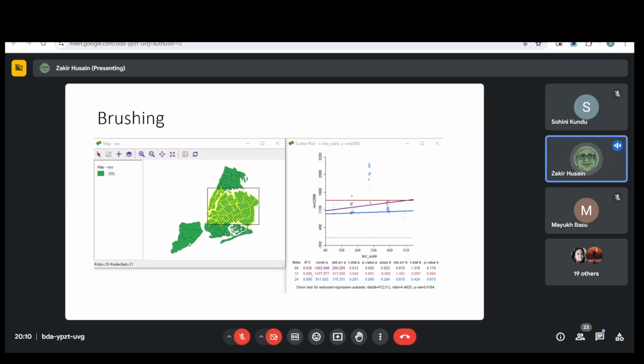You can see over here 31 boroughs have been selected, and the coefficient slope is minus 0.009. The blue for the unselected regions, 24 boroughs, and the slope is 0.284. The Chow test result is given in the last line. The F value is 4.46 with a p value of 0.02. So we reject the null hypothesis at 5% level, which implies that there is a structural break.